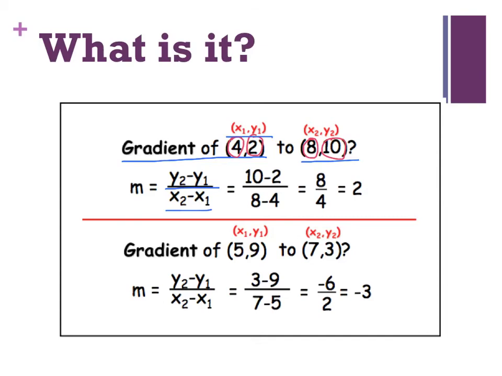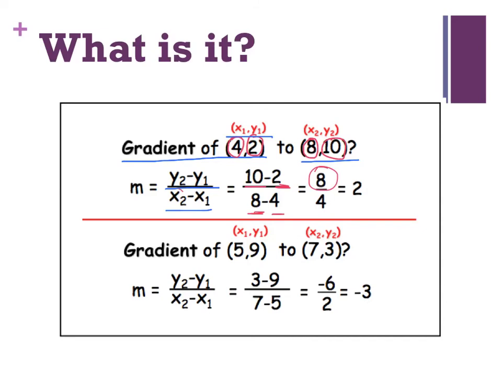That's the high point, the end point of my rise. Now, it starts at 2. If it starts at 2 and goes all the way to 10, how far is that rising? Well, it's rising 8.